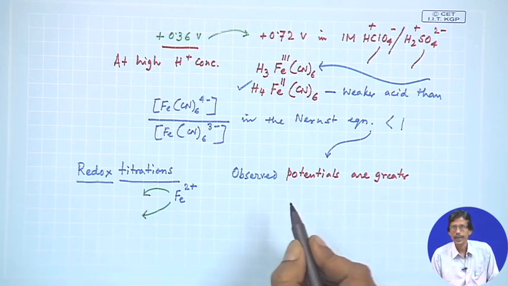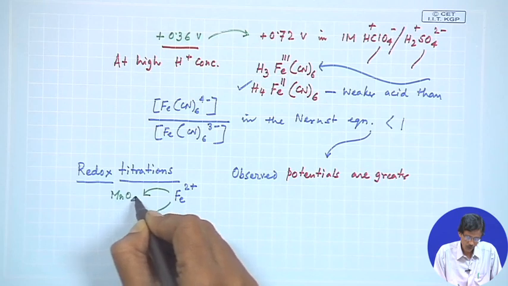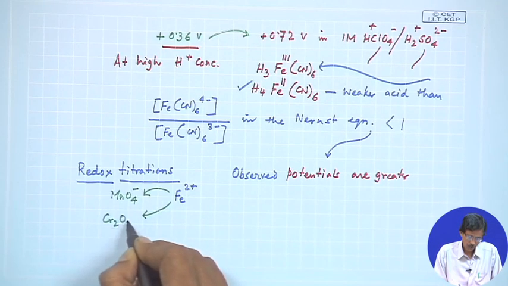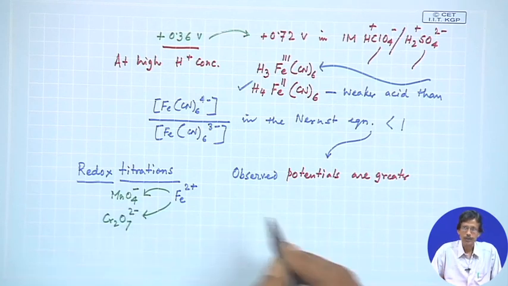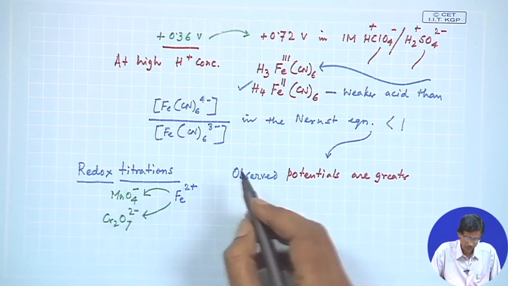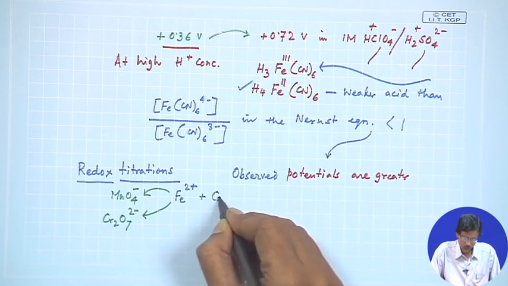We determined it using solutions of permanganate ion or dichromate ion. But another one that is also very interesting is the ceric ion.